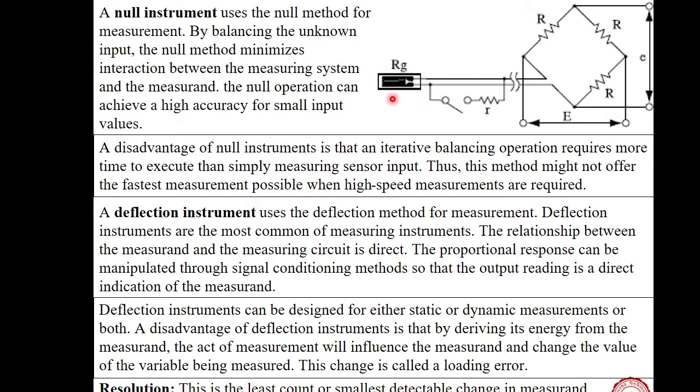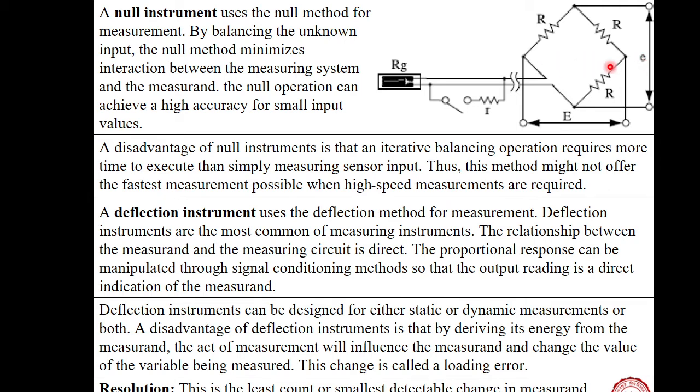So resistance of this particular strain gauge is changing, right? We have another variable resistor. Understand? This smaller one is a variable resistor. And what we are doing here, this particular value, we are changing, and we are observing for this display.